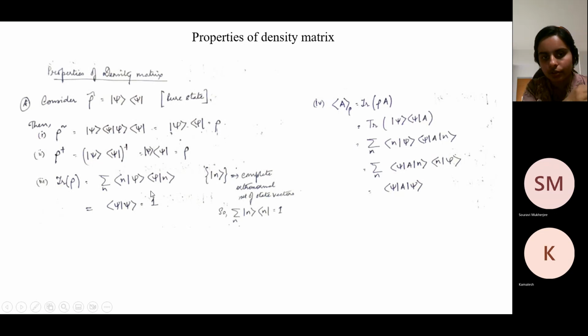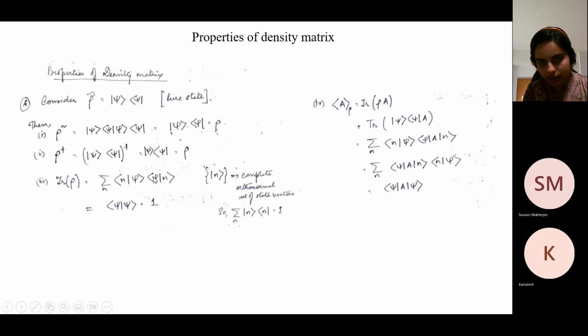So if you have some matrix, what is the trace of the matrix? It's the sum of the diagonal terms, right? So you do a sum over all the diagonal terms, with an inner product which involves n and n, the same indices.